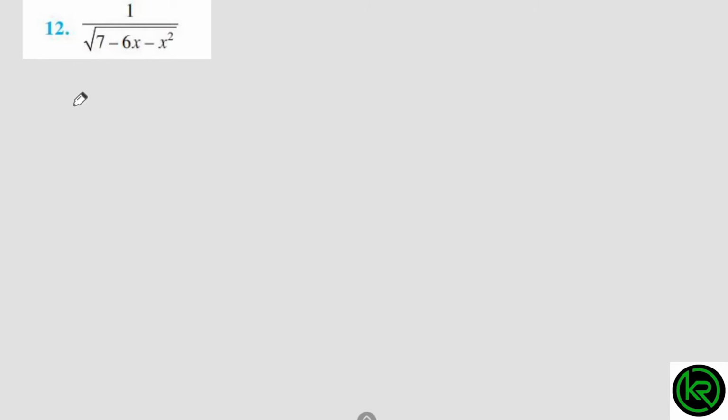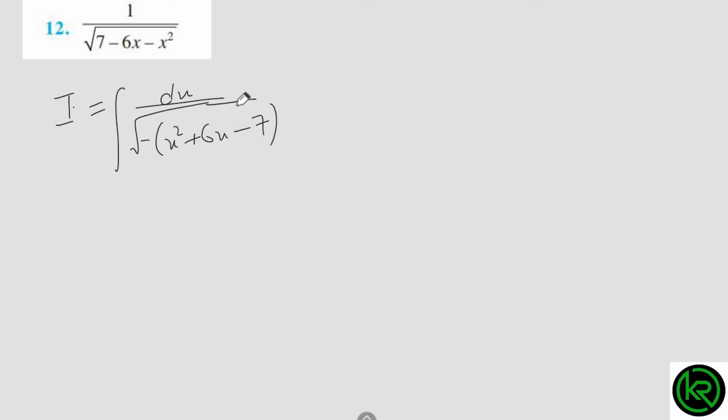Next question number is question number 12, and this is also the same, students. So our first step will be what I told you. Our first step is to make the x² coefficient 1. To make this, we will take minus outside, so the x² coefficient now became 1, and plus 6x, and here minus 7.